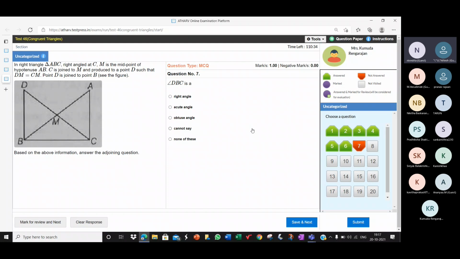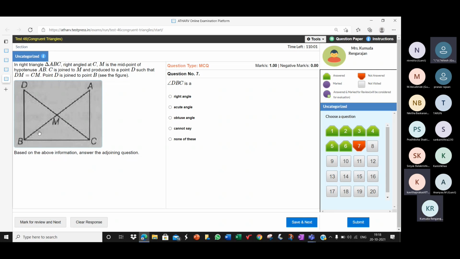Okay, so angle C is 90 degrees. Now, how do we know that DBC is 90? Ma'am, ACB is a right angle, so DBC is also a right angle.